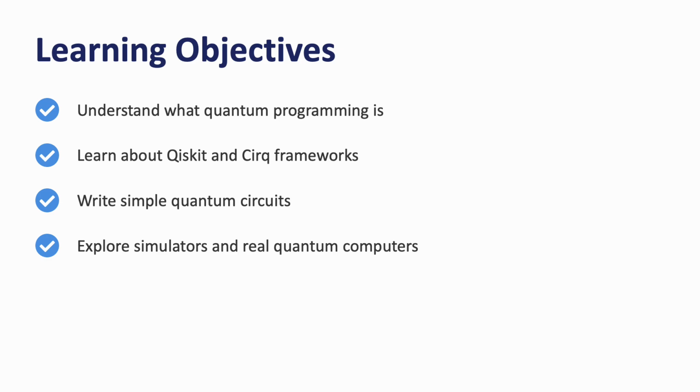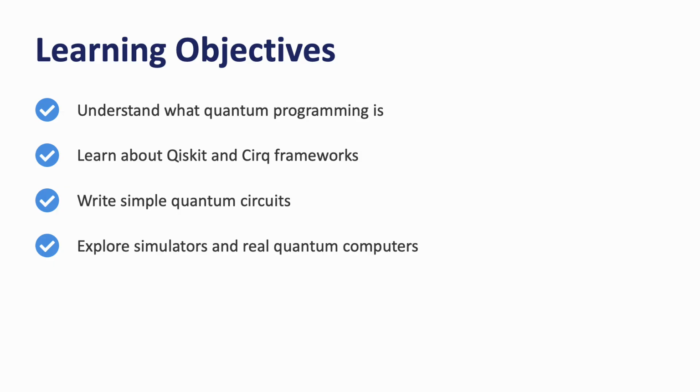So let me start by laying out exactly what we are going to accomplish together in the next hour or so. By the time we finish, you'll have a solid understanding of what quantum programming actually is and why it matters. You'll also be able to distinguish between different quantum frameworks and understand their strengths and weaknesses.